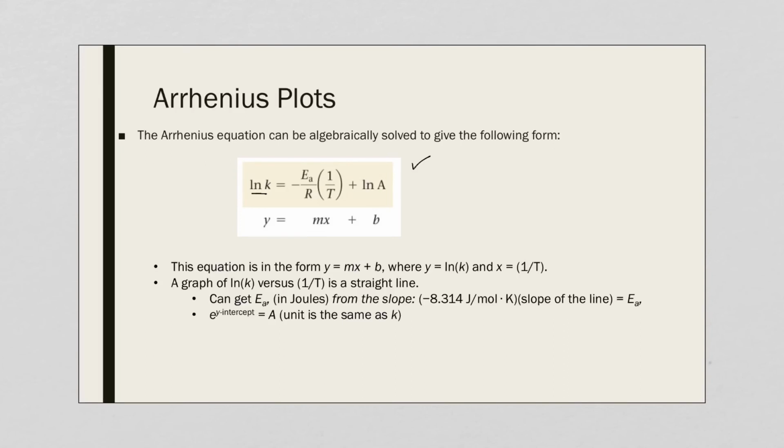So, in other words, as the temperature goes up, 1 over T gets smaller, and the natural log of k gets smaller. So there's a relationship there between the inverse of temperature and the natural log of the rate constant.